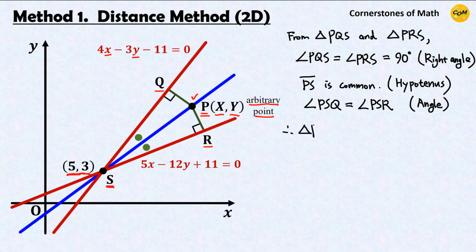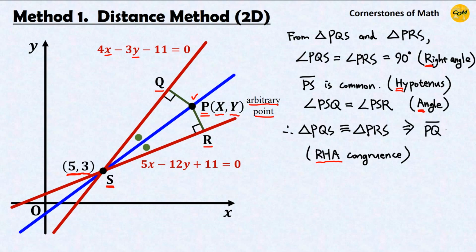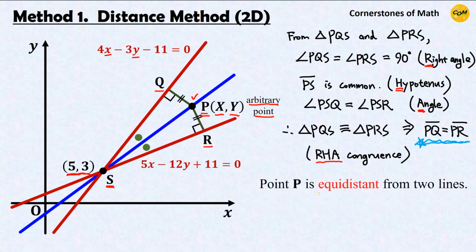Therefore, triangles PQS and PRS are congruent by the RHA congruence condition, defined by having equal right angles, hypotenuses, and another corresponding angle. Due to this congruence, we have length PQ equals length PR. That is, point P, an arbitrary point on an angle bisector, is equidistant from the two lines.